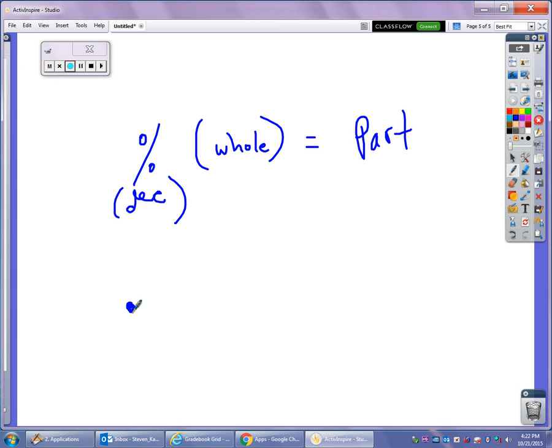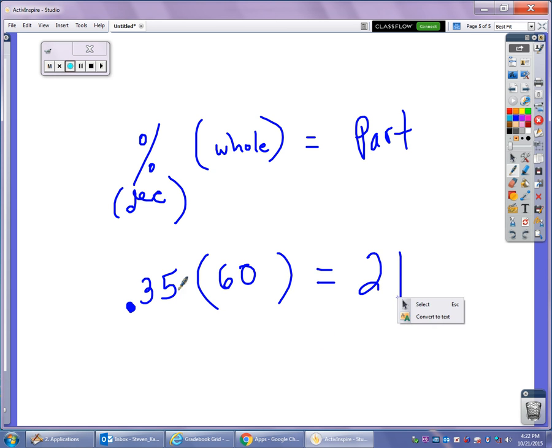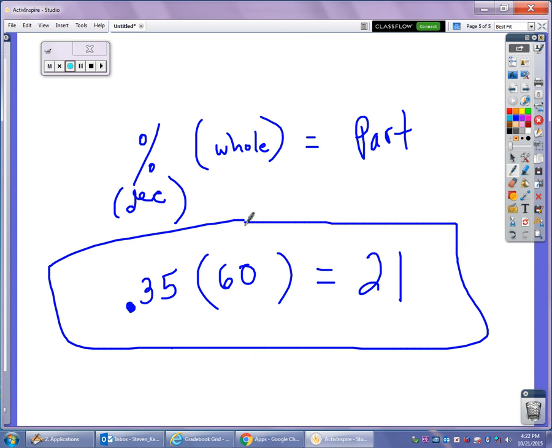We know that 35% is 35 hundredths, 35 over 100, which is decimal 0.35, times the whole, which we now know is 60, will get you 21, which is the part. And if you did this on your calculator, just to double check, 35 hundredths times 60 will equal 21. And this is the equation that you can write to double check that you have the right answer. And that's how you do all four methods.